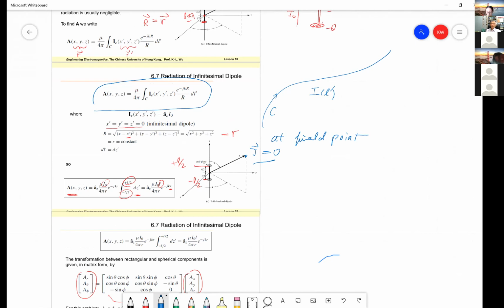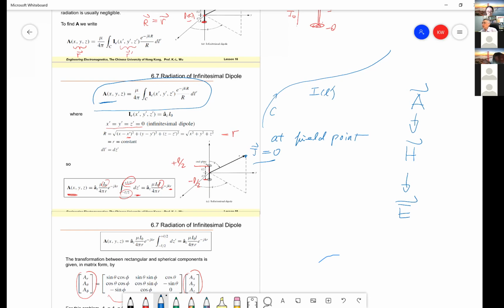I can find A, then I can find H, then we find E.